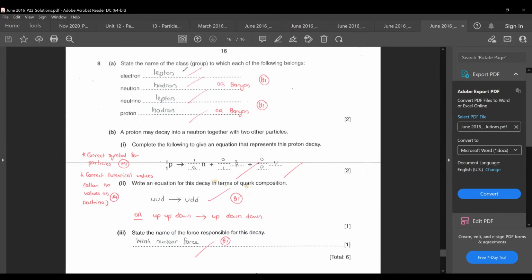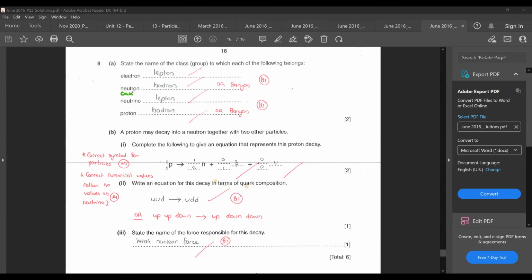Because we know that neutron is up, down, down, and proton is up, up, down. These are groups of quarks, so it's hadron. You can also say they're baryon. But baryon I didn't really cover because I didn't notice them being asked before up to now, so I'm not going to cover that.